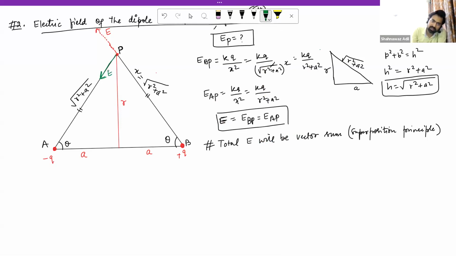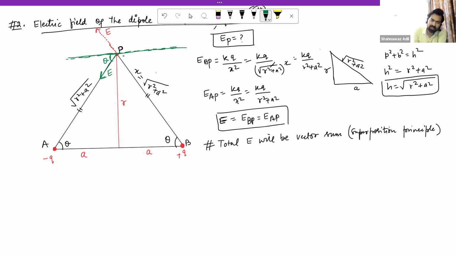This is also E, right? Yes, sir. Now if I make the horizontal, this is theta, so this is a parallel line. This one is a parallel line. So this would be again theta, right?